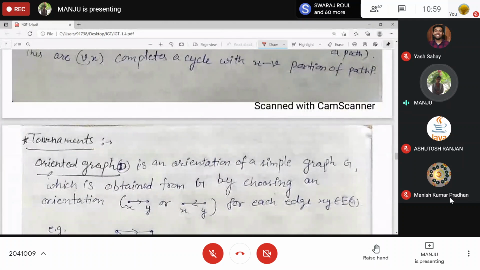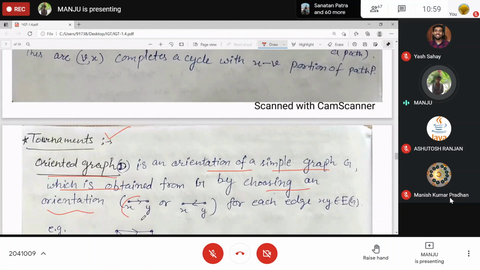First, we'll talk about tournaments, based on this oriented graph. This is an orientation of a simple graph. We start with a simple graph G and we provide direction to every edge exactly once, so it is obtained from G by choosing an orientation.